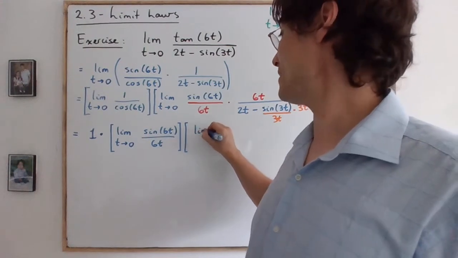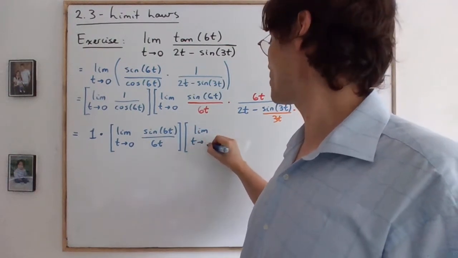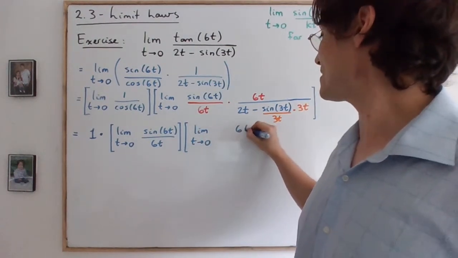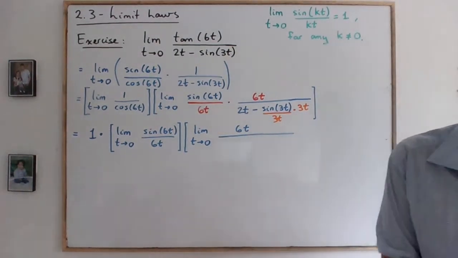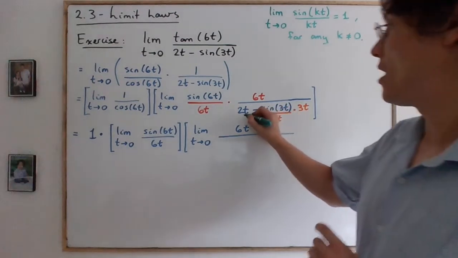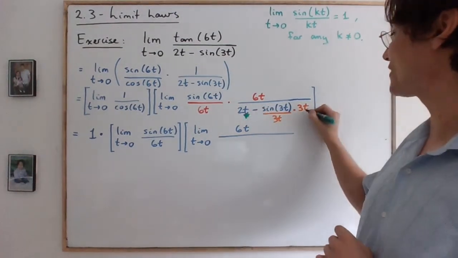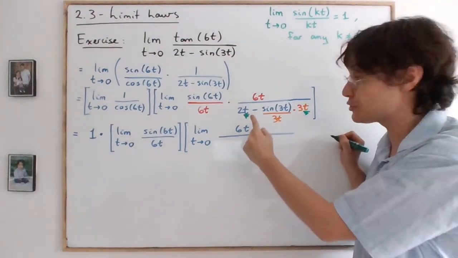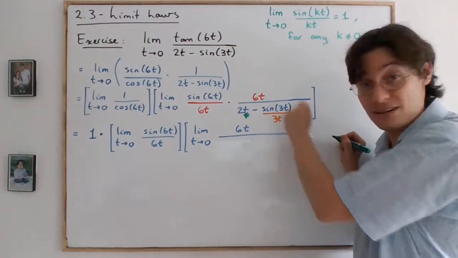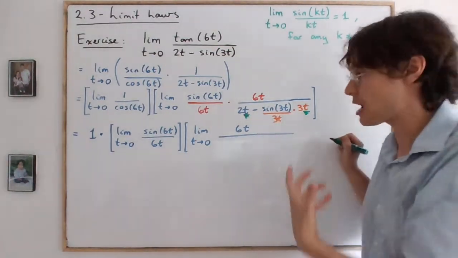So the limit as t is approaching 0 of 6t over, and now look at what's going to happen, okay? We have a common factor of t in these two terms, okay? So these are two terms. You have 2t minus all of this. So t is a common factor.